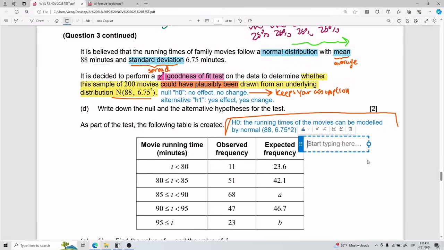And for H1, I know that H0 is usually not whatever they're trying to say, but in this context, they sort of throw it to you as a curveball. Because they say could have possibly been drawn, that is the assumption they're keeping. That is their status quo. Usually, the sort of tests they do is that they're trying to see if this has an effect or not. This one is about the distribution where it comes from.